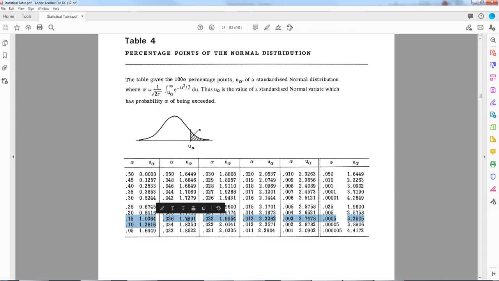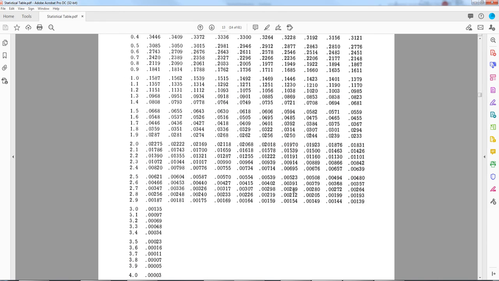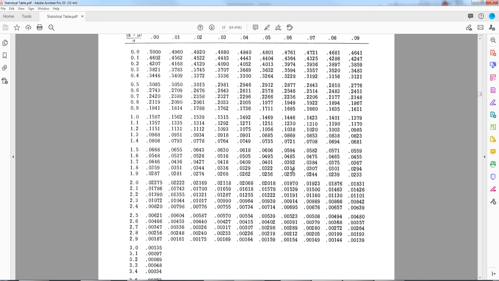We don't have 0.14. So what we need to do is we look at table number 3. Find 0.14. The nearest is 0.1401. So the value of k here is 1.08.